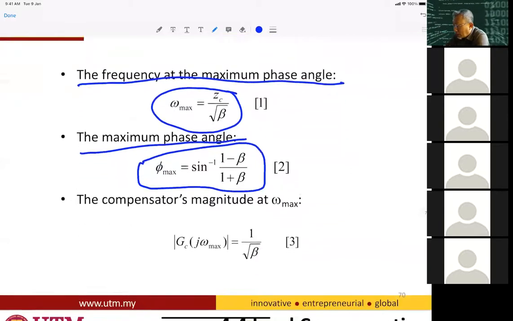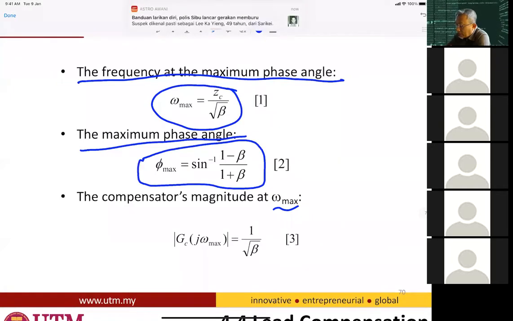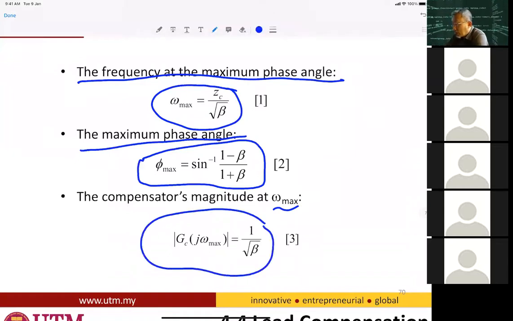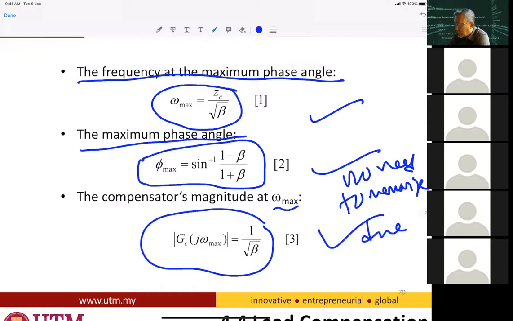And the compensator magnitude at omega max, Gc(j omega max), is equal to 1 over square root of beta. These are equations 1, 2 and 3. No need to memorize them, as they are given in the exam. You don't have to remember these formulas.